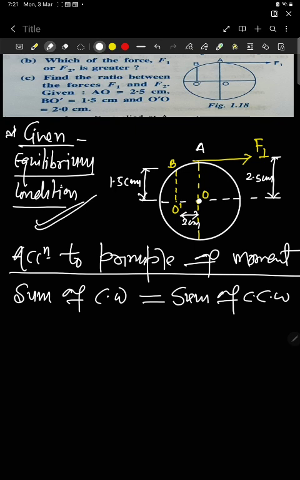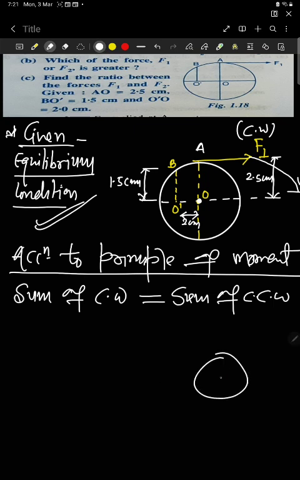Tell me, does force F1 try to rotate this wheel clockwise or anti-clockwise? This F1 force tries to rotate the wheel in clockwise direction, so F1 will produce a clockwise moment. To counter this clockwise moment, we have to apply a force in the direction in which it will produce an anti-clockwise moment.